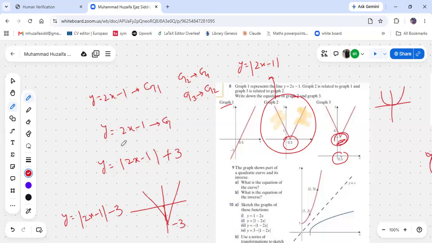When it moves upward, we can add it, and we can count the points, how many points the graph is shifted from that point. If it moves 4 points upward, we write plus 4. If it moves downward, we write minus 4.